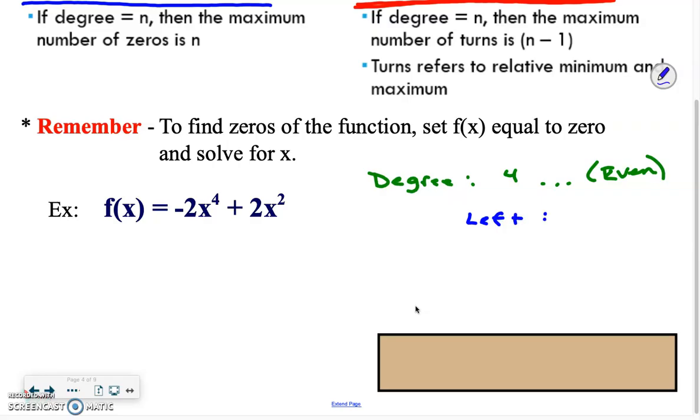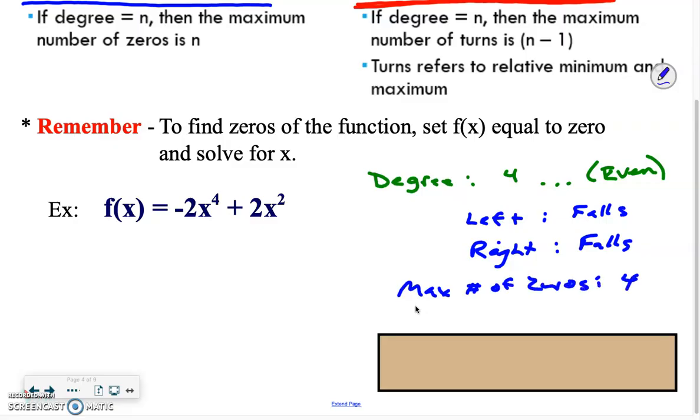Down. So the left, it's going to be falling. The right, what's that going to be doing? Also going to be falling. Okay, good to know. You said the degree was 4, so what's the max number of zeros? How many turns? 3? Okay. Off to a good start.